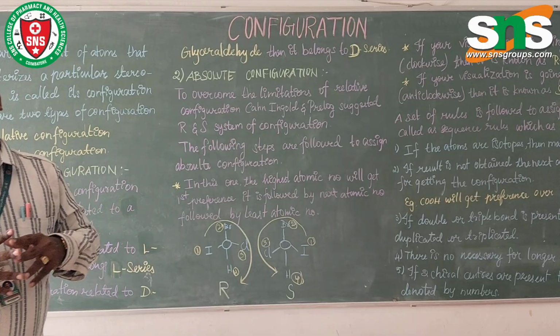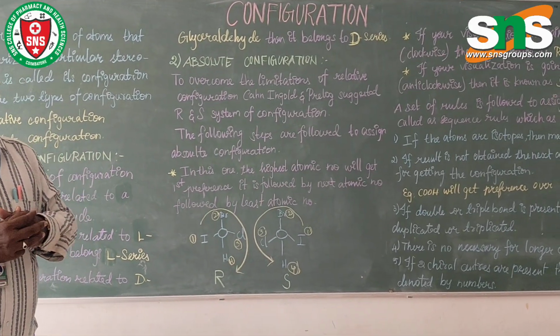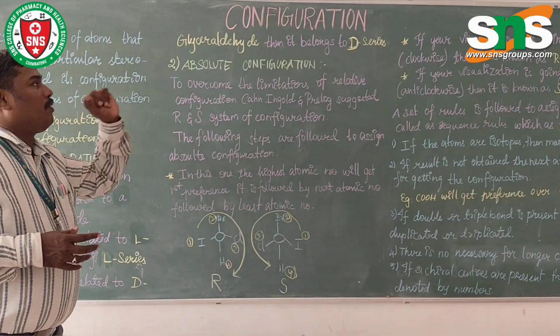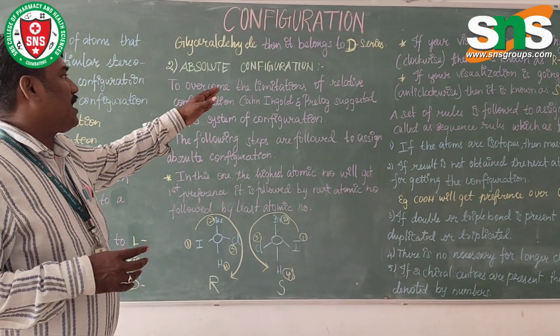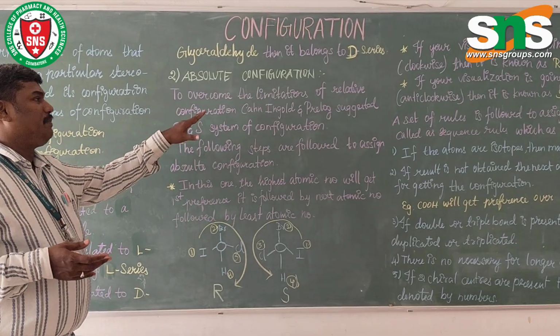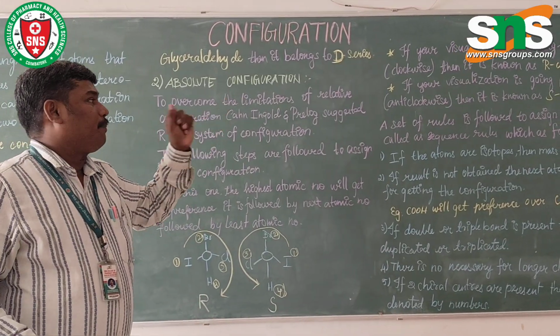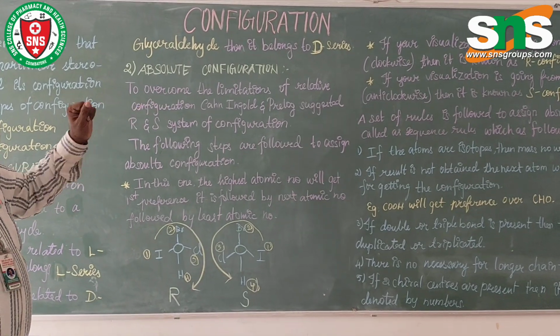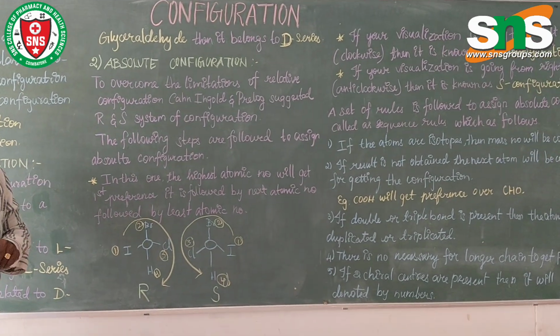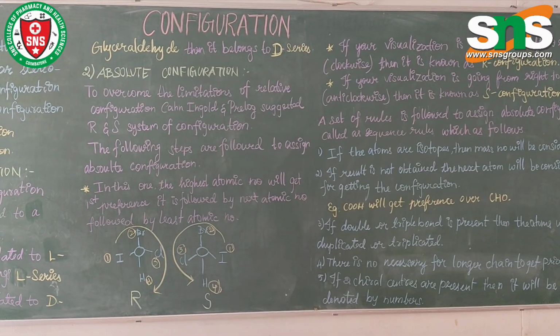This is the main limitation of relative configuration. To overcome it, another method, absolute configuration, has been suggested. Cahn, Ingold and Prelog, the scientists, suggested the R and S system of configuration. That is known as absolute configuration.